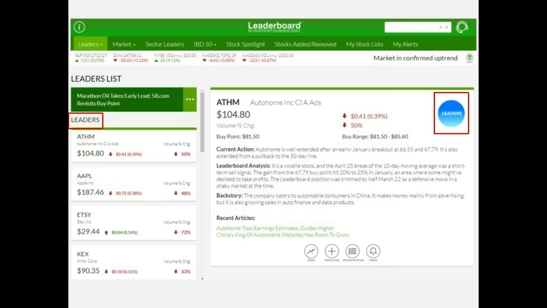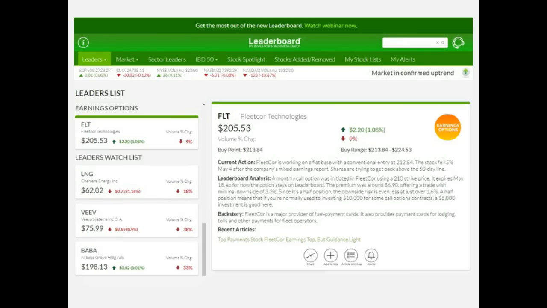If they present a new buy point, they'll move back up to the leaders near a buy point list, and so you see movement back and forth between leaders near a buy point and leaders. But in this section that we're talking about right now, this is stocks that have just moved past the 5% buy zone. We still like them a lot. The breakouts are working. We're just going to wait and see what a pullback looks like and see if we can get an alternate entry.